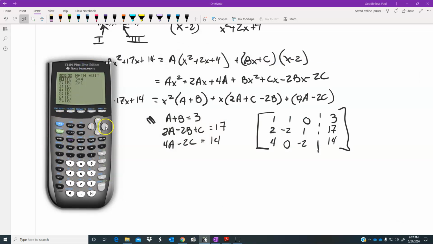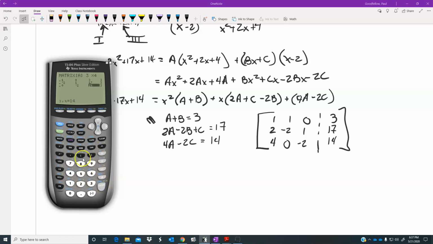Second matrix, it still happens to be 3 by 4. How wonderful is that? So no big deal. 1, 1, oops, that's not 1, 1. 0, 3, 2, let's go -2, 1, and 17 with a 4, 0, -2, and last but not least a 14.